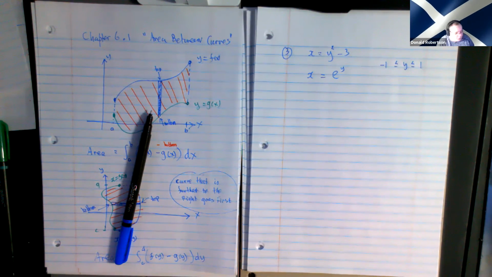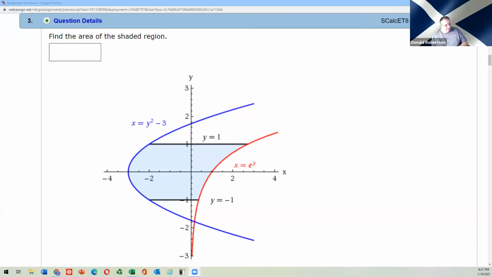And you're being asked to find the area between the shaded regions. So let me just show you what that guy looks like. Now, do you see how everything you need to know is actually on that picture? And so we need to set up the correct integral to find that shaded blue area between those two curves.